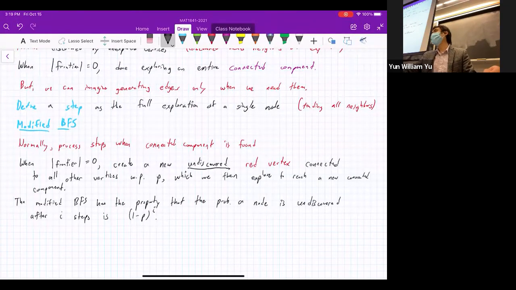What's the probability that a node hasn't been explored after 15 steps? So right now I claim that this modified BFS has this really nice property where you can figure out whether a node is undiscovered after i steps, and you can't do this with the original BFS.